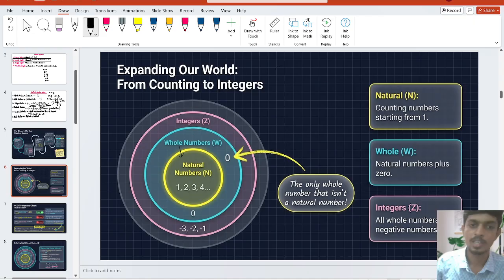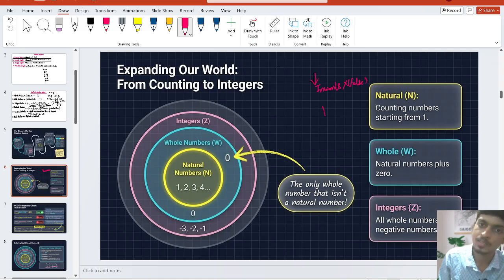Every natural number is a whole number. If inwards, then false. If outwards, then the statement is true.